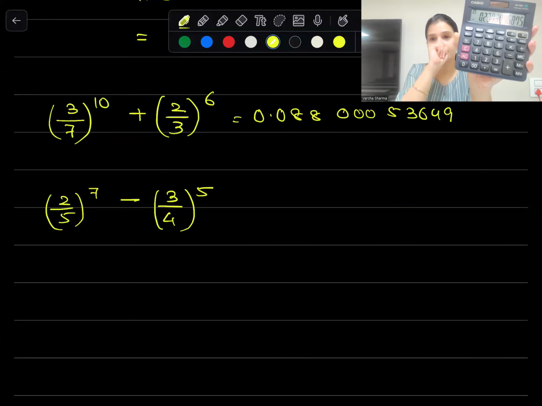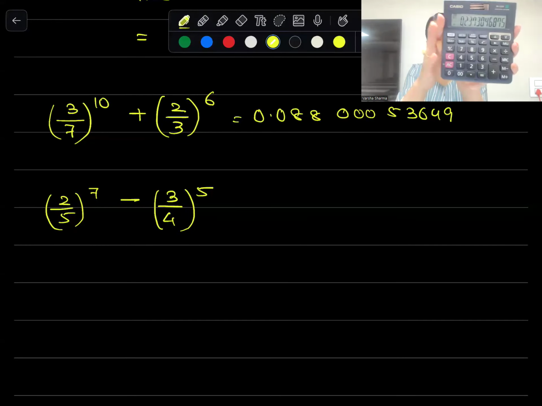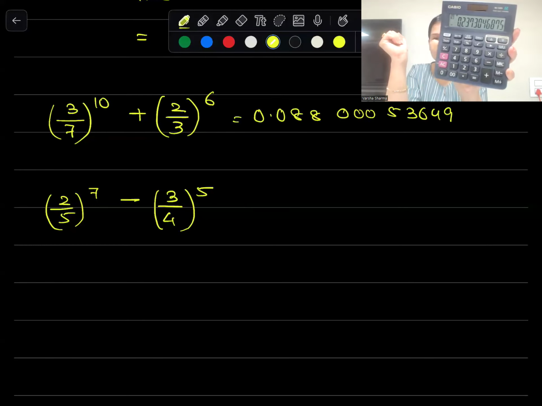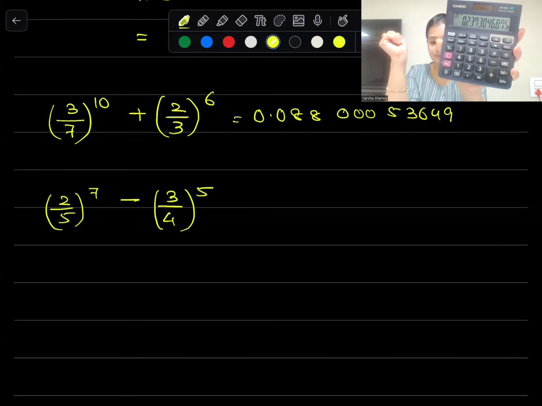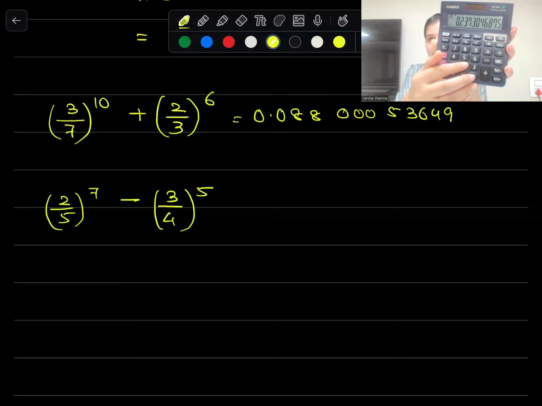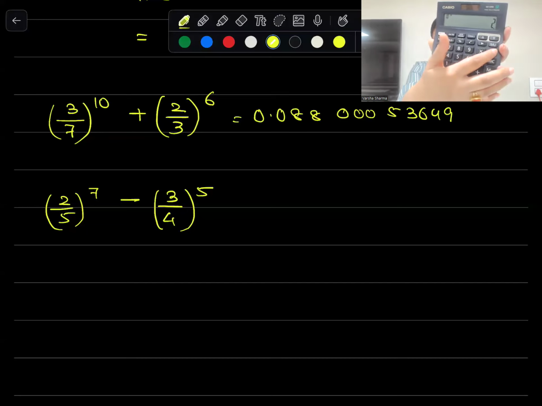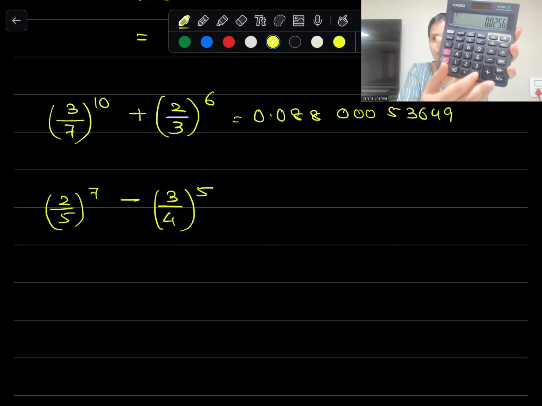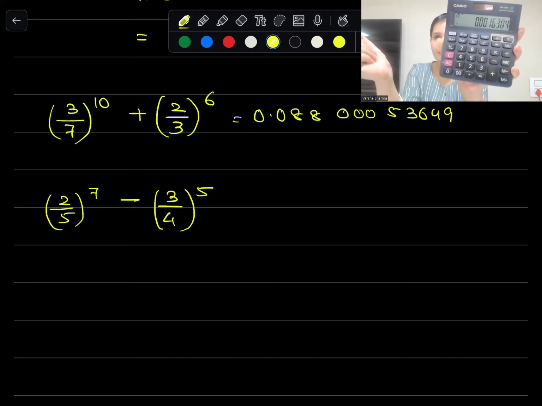Minus. So since I want to save this with the negative sign, I'll press M minus. Clear? Yes, ma'am. Now calculating 2 divided by 5, 2, 3, 4, 5, 6, 7.